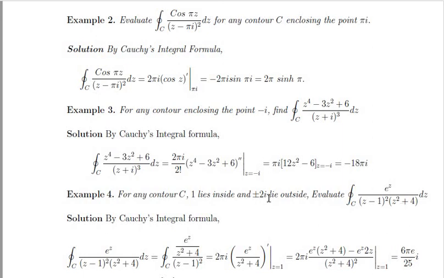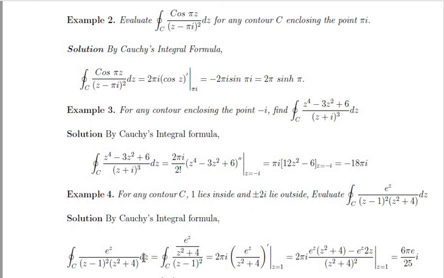The points plus or minus 2i, which are outside, don't matter, but 1 lies inside. That is, this function is not analytic inside this C. Therefore, we cannot apply Cauchy's integral theorem. Therefore, we are applying Cauchy's integral formula.